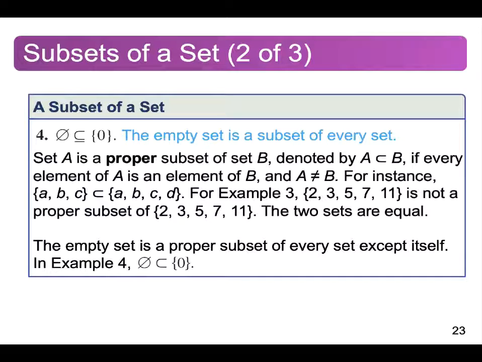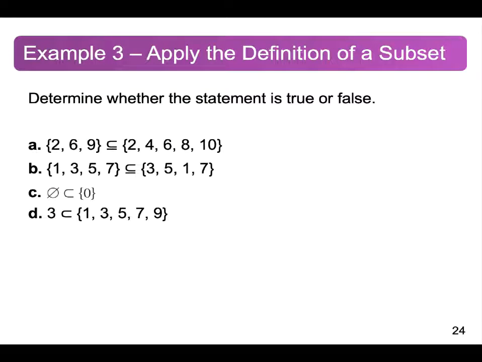So that example 3, where they were the same sets, they were a subset of each other, but not a proper subset, because for a proper subset, there has to be at least one element in the bigger set that was not in the subset. So let's look at a few examples applying the definitions of these subsets.